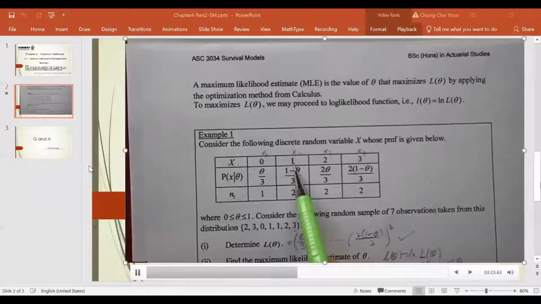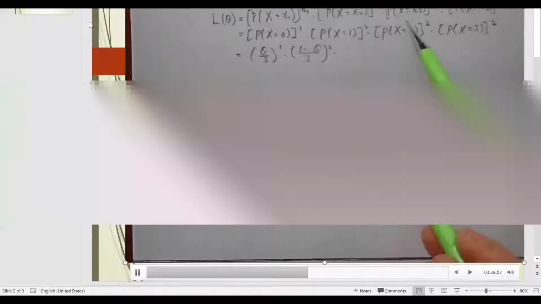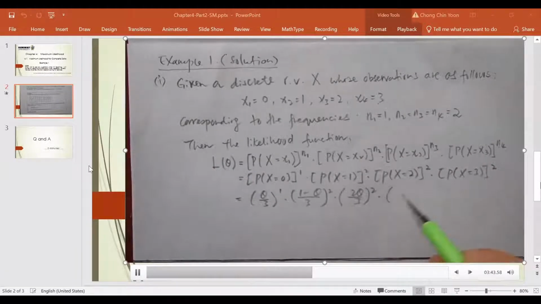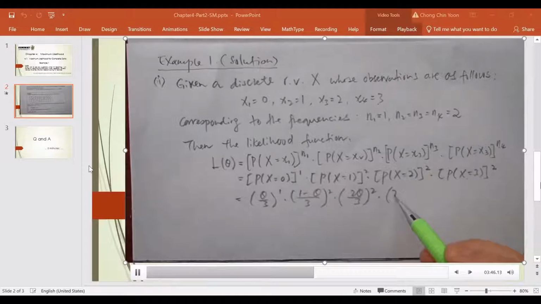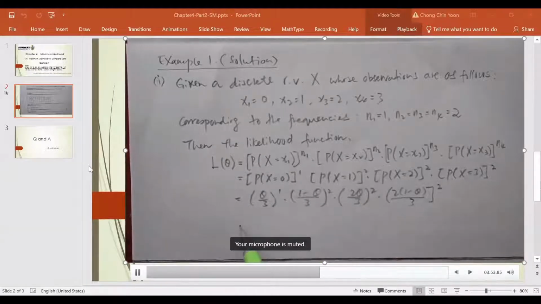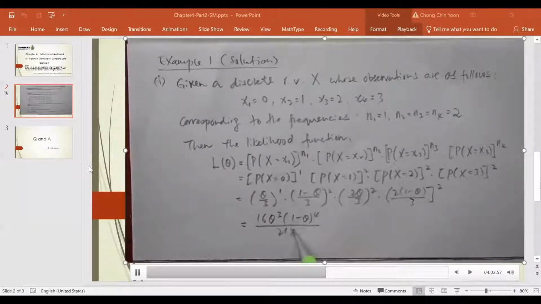We will have theta over 3 to the power of 1, and this will give (1 minus theta) divided by 3 to the power of 2, and this will give 2 theta divided by 3 to the power of 2, and this will give 2 times 1 theta divided by 3 to the power of 2. So we simplify this, we will have 16 theta cubed multiplied by (1 minus theta) to the power of 4, divided by 2187.